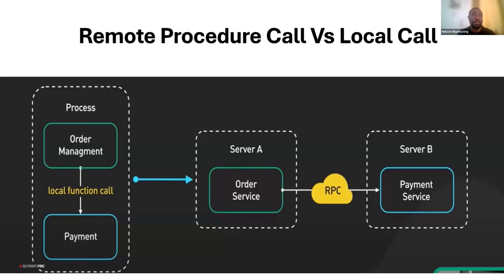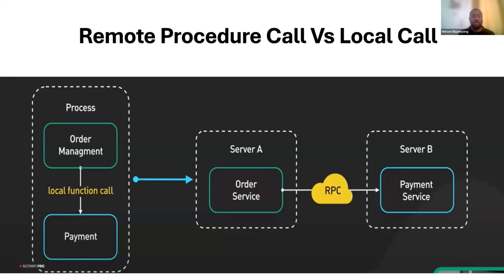A local call is a function call within a process to execute some code. So the diagram on the left is a local call from the order management to the, say, payment service. It happens within the same process, right? Now, a remote procedure call enables one machine to invoke some code on another machine as if it is a local function call from a user's perspective.